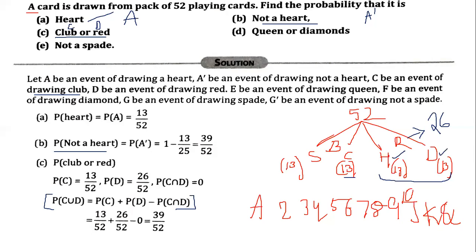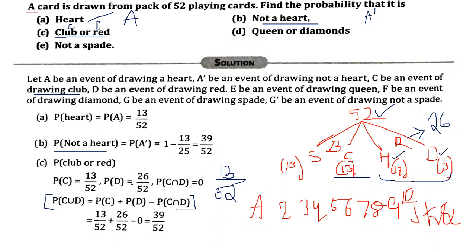So P of C, that is drawing a club card, is nothing but we have 13 club cards out of 52. So the possibility of drawing a club card is 13 out of 52. You can pick any card from that 13. And then the event D, of drawing a red color card.